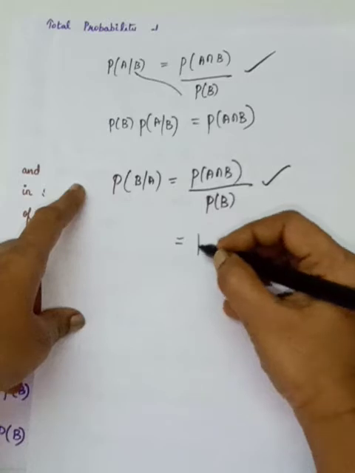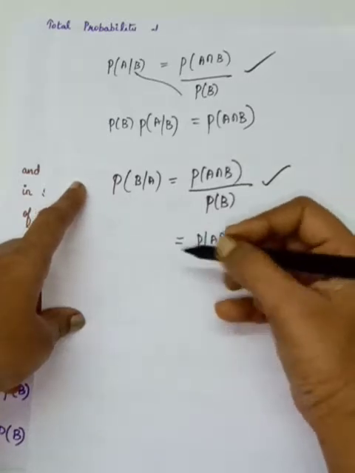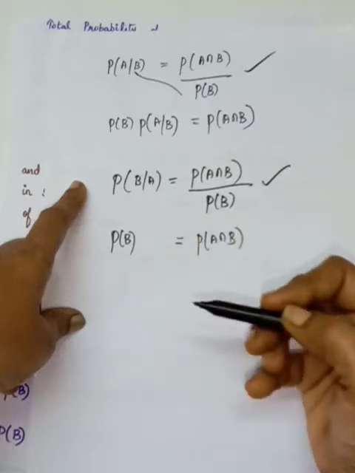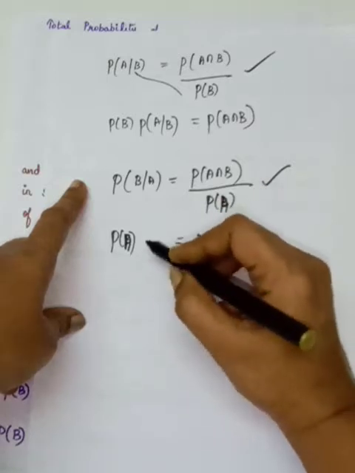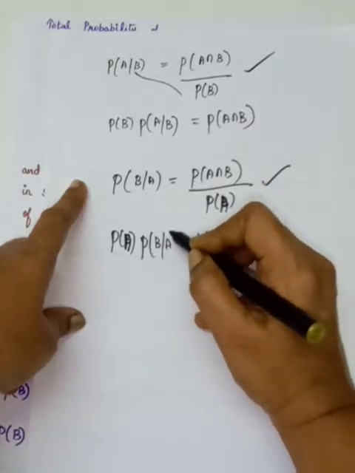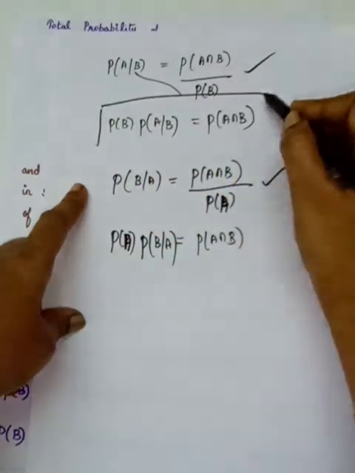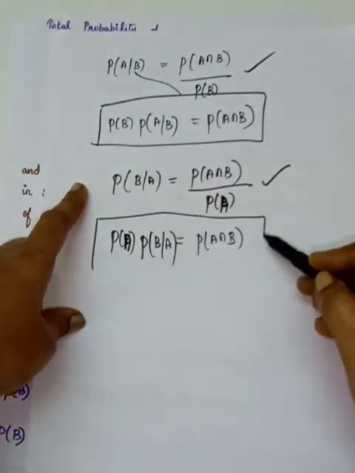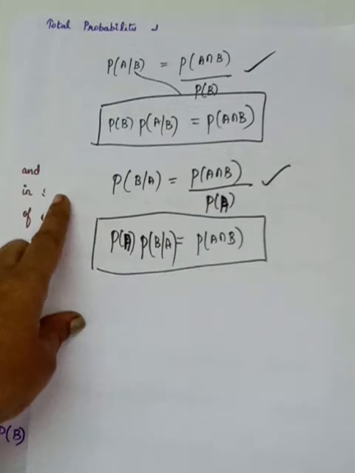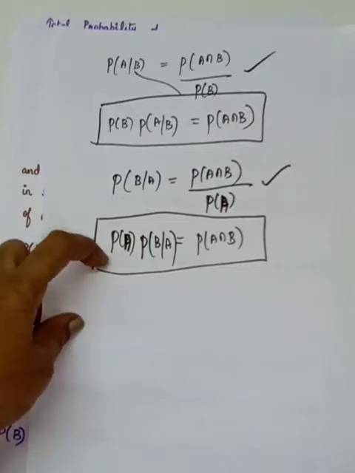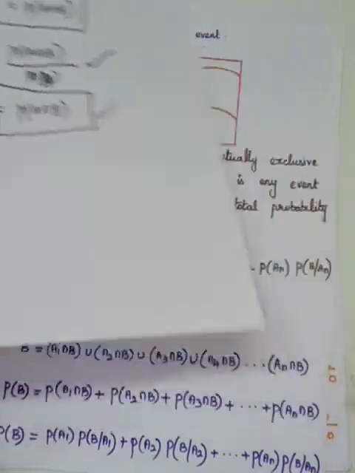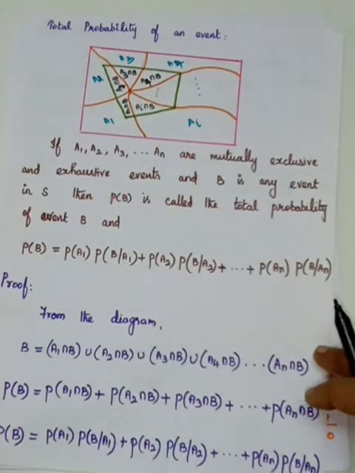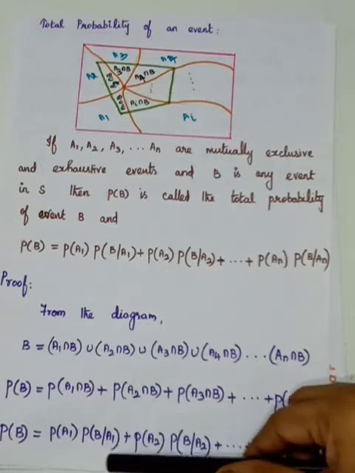So from that also we can write P of A intersection B is equal to P of A into P of B by A. Okay, so see that by the definition of conditional probability, we can write P of A intersection B is equal to P of B into P of A by B, or P of A into P of B by A. So here we are going to take this one, because P of A1 intersection B can be written as P of A1 into P of B by A1.